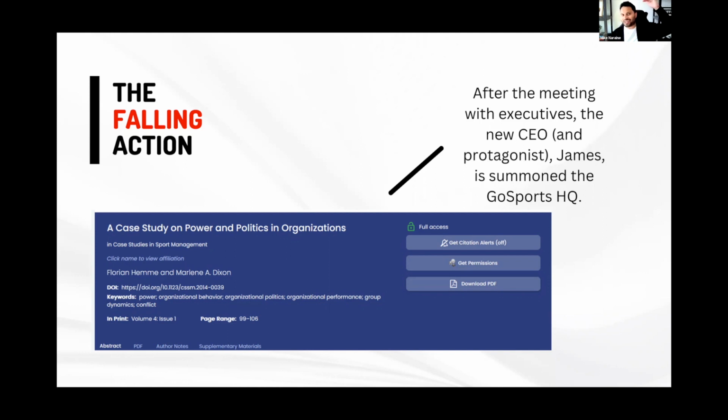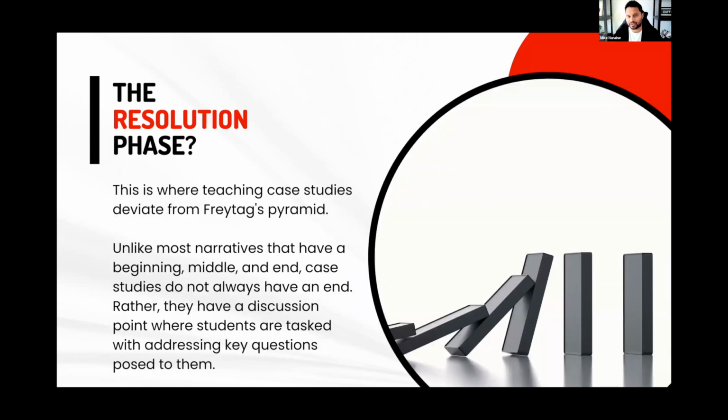We were at that highest of highs with our case narrative, the meeting with the executives, the meeting with the team, understanding the details, and now the board of directors are summoning James to their next board meeting to provide the report and provide feedback. So in that summoning, we start to wind down, easing the reader slowly but surely and getting them to a place where they can then provide that feedback, and that is our resolution phase.